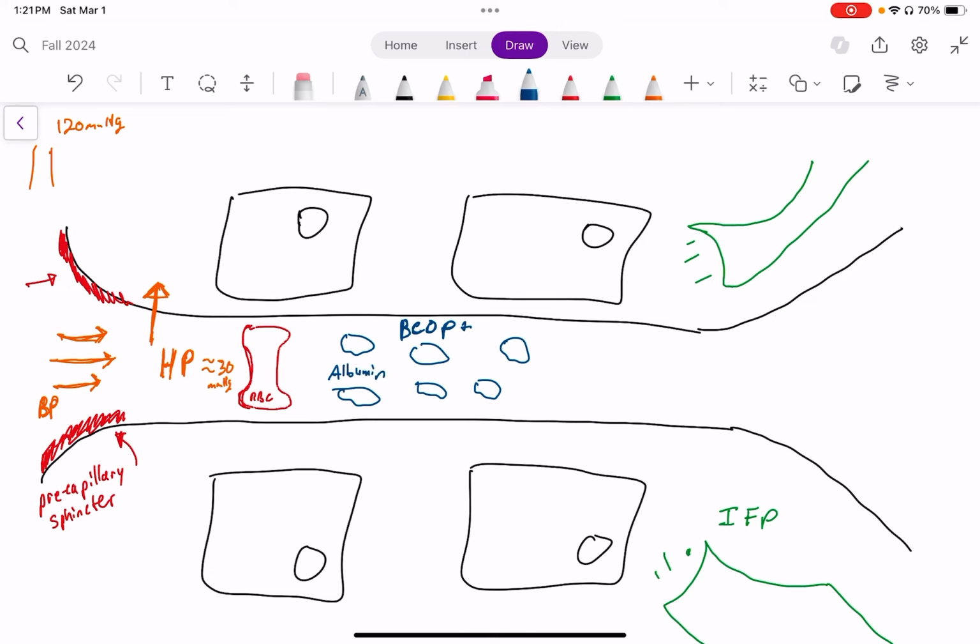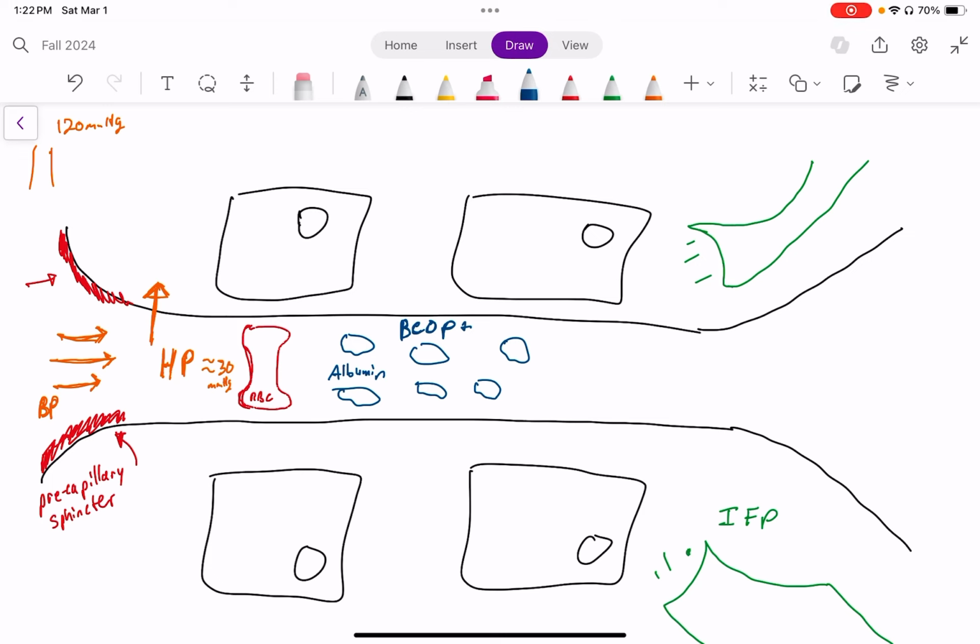And now these proteins are non-permeable to the capillary walls, so they cannot cross the capillary walls. And this means that they can contribute to osmotic pressure. And that's what BCOP stands for. It stands for blood colloid osmotic pressure. Colloid means a big protein. So blood colloid osmotic pressure means the osmotic pressure caused by colloids or big proteins in the blood.